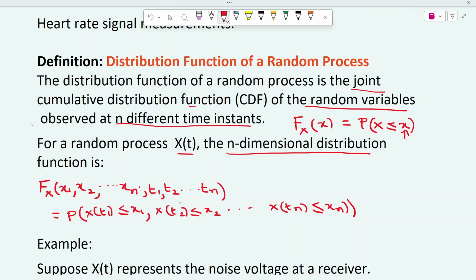Here we are observing the random variables at n different time instants. So the probability that X of t1 is less than or equal to x1, and X of t2 at time instant t2 is less than or equal to x2, and so on, X of tn less than or equal to xn.